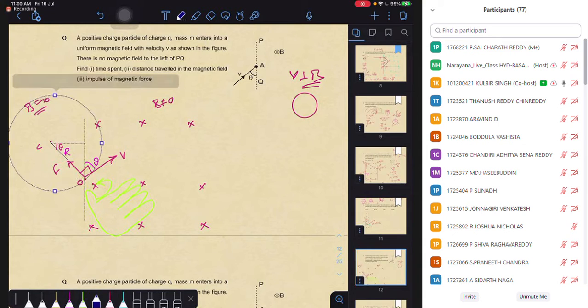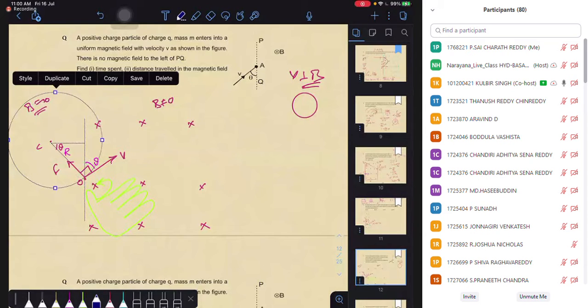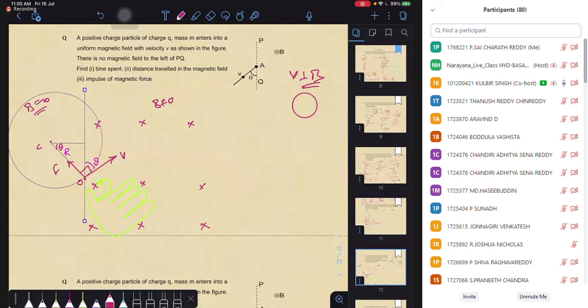In this part of the circle, you are entering at some point and leaving at another point. If I consider this is my O point, and up to here, let's say, is O dash, then only this part is going to be a circle.